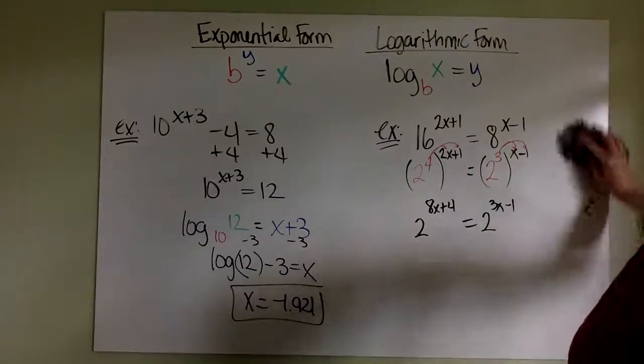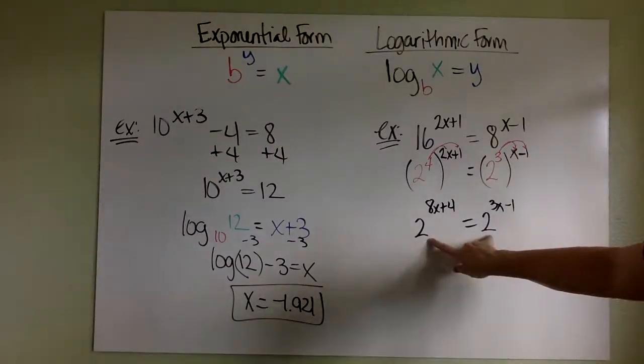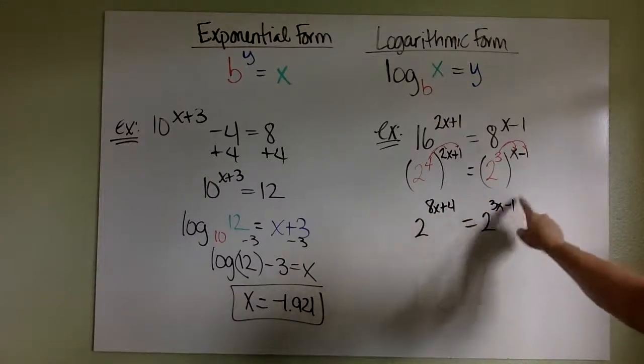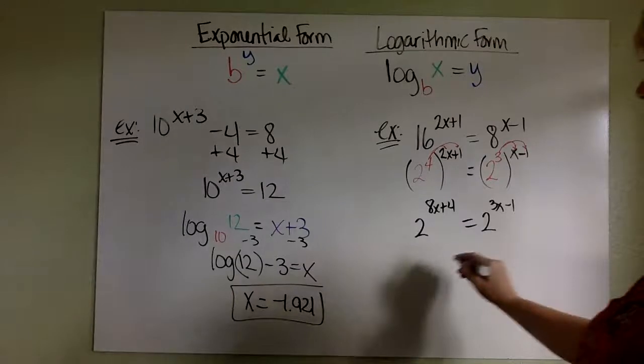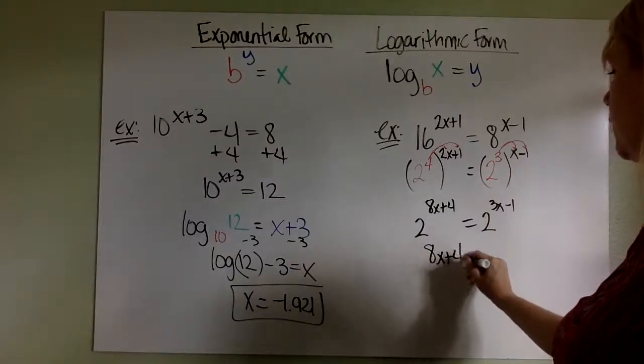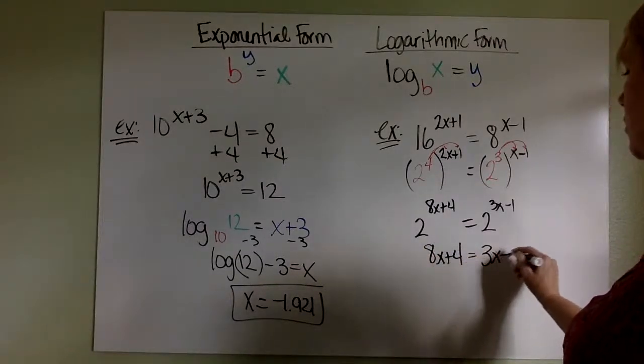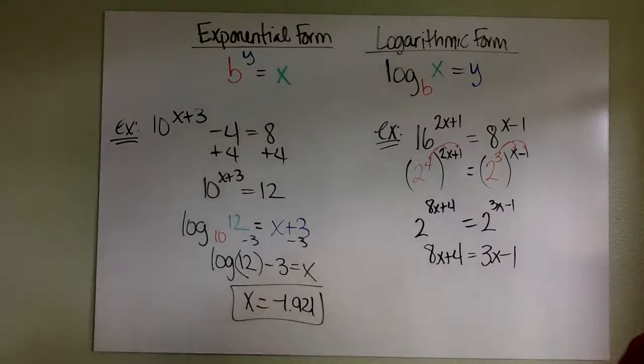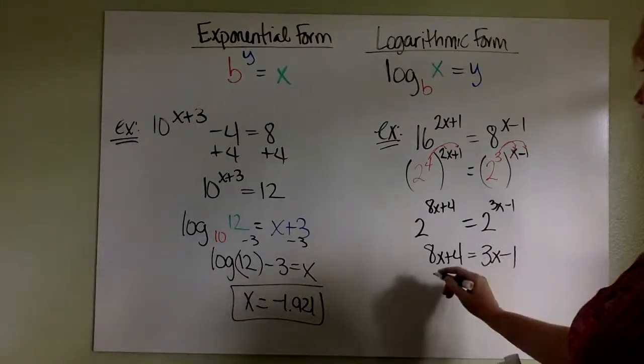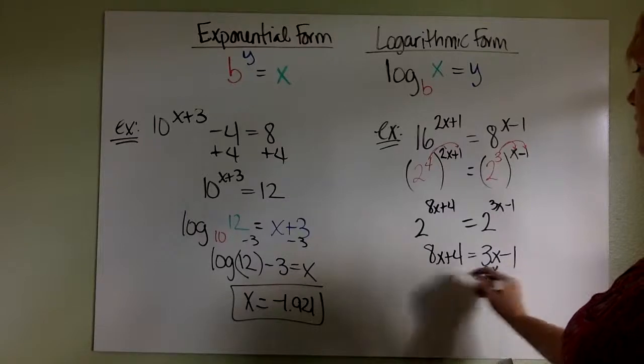So what's the rule if I have like bases? If I have 2 to some power equals 2 to some power, then the exponents, 8x plus 4, must be equal to 3x minus 1. And then I would just solve. I have to subtract the 3x from both sides.